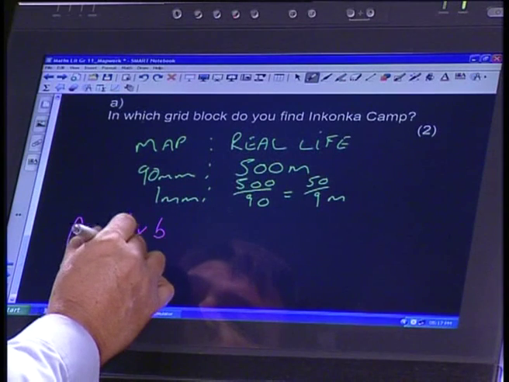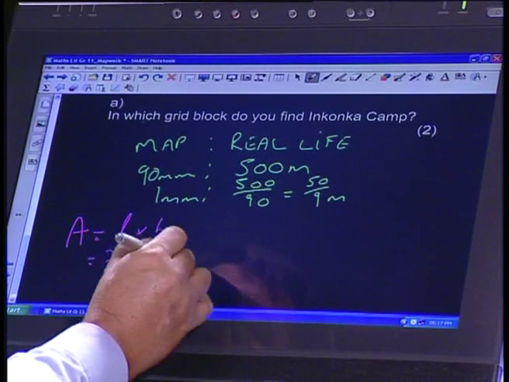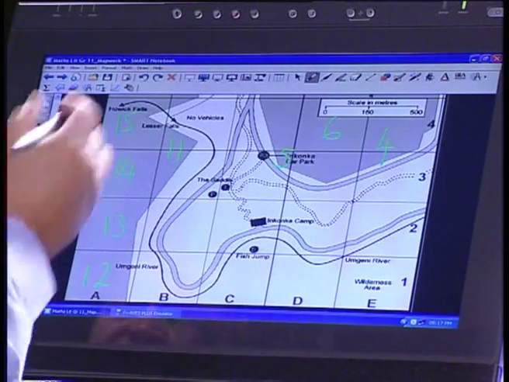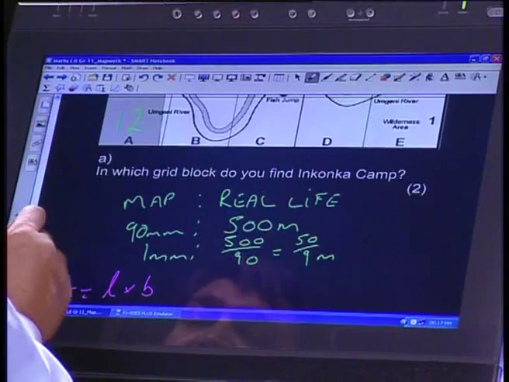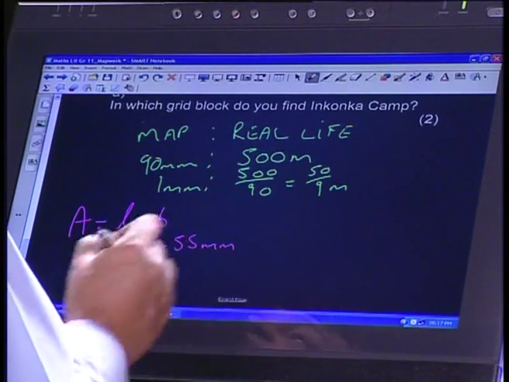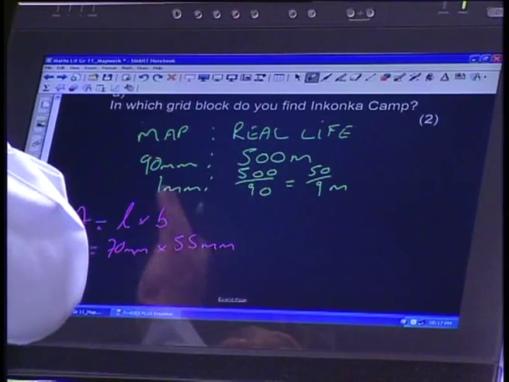The one is 70 millimeters by, and over here we have 55 millimeters. Okay, so I've got 70 millimeters times 55 millimeters. Do you remember from our last example? We can't say 70 millimeters and 55 millimeters. We've got to change it to what it represents in real life.